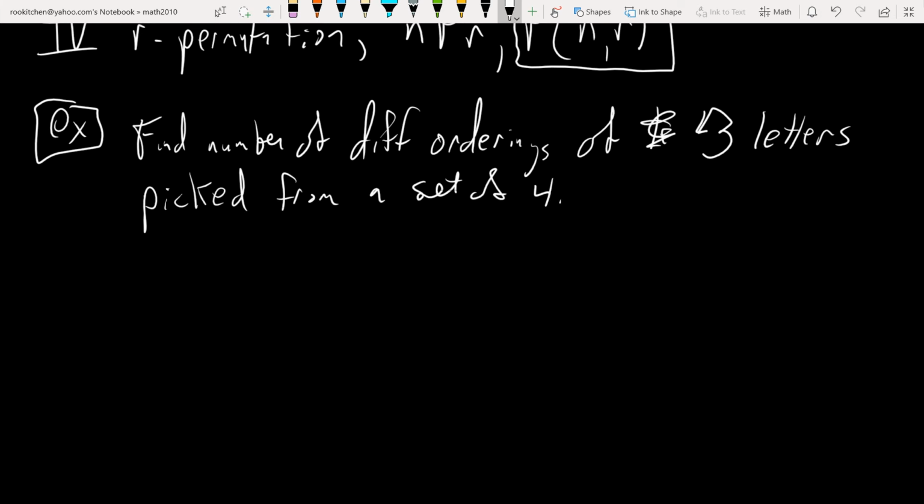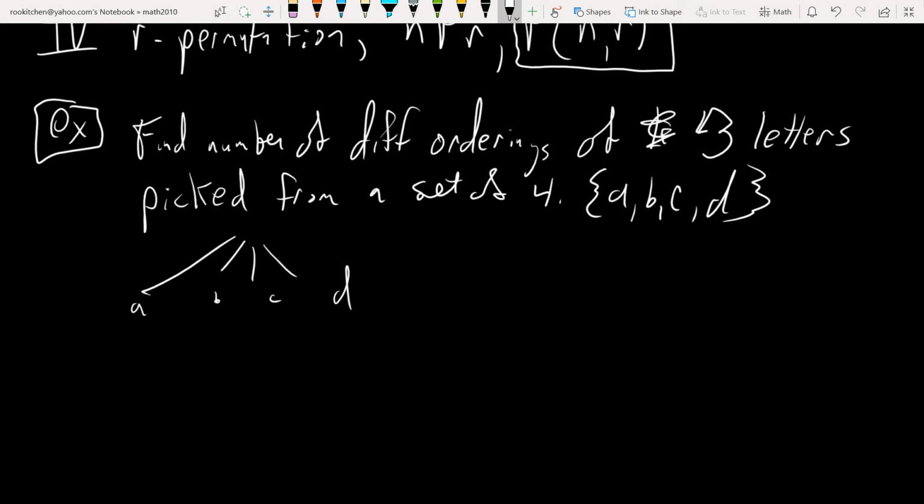Let's say the set is A, B, C, and D. Again, you could do a decision tree. First you're picking one of those 4: A, B, C, or D. And then once you pick one of those, there's only 3 left. So B, C, D, or A, C, D, or A, B, D, or A, B, C.